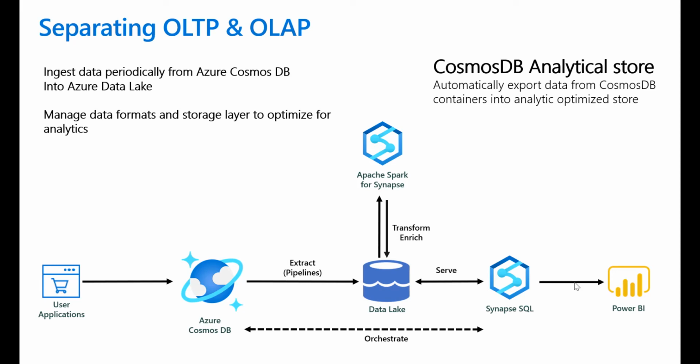Cosmos DB Analytical Store is internal storage that is used by Cosmos DB to automatically export data from main Azure Cosmos DB containers into an analytic optimized store. Any tool that is running on Cosmos DB Analytical Store will get analytical data without impacting Cosmos DB main storage.